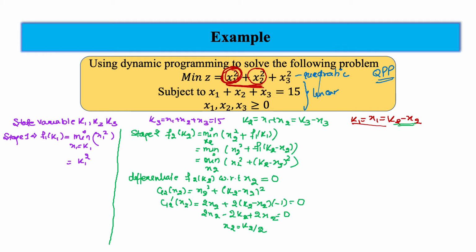So now we know what is f2 k2 value. f2 k2 is x2 square.